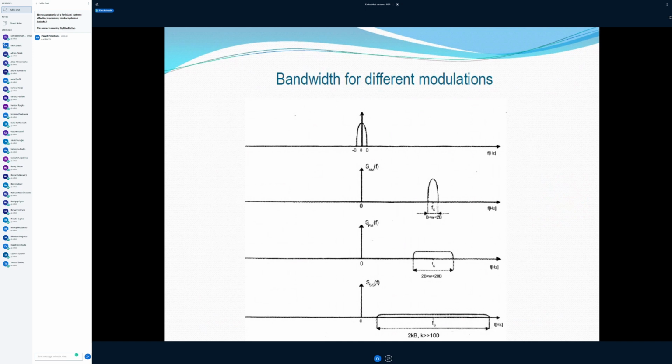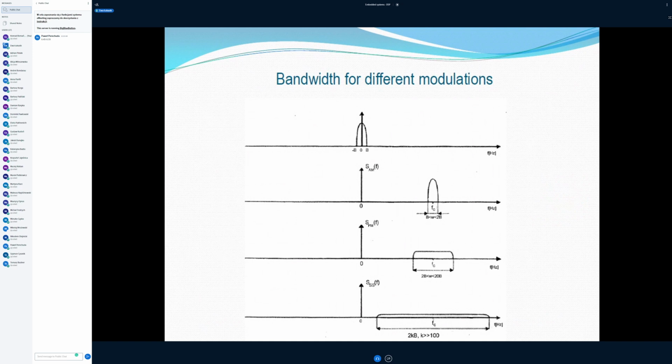But there are cases when we have this width much bigger than 100, and these are so-called spread spectrum systems, where the spectrum is really spread over a very big range of frequencies.